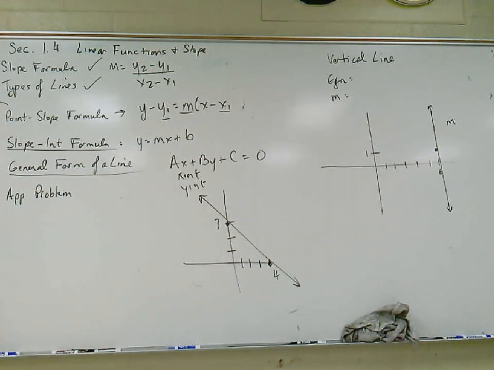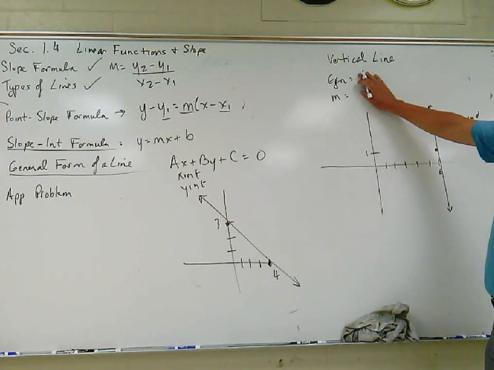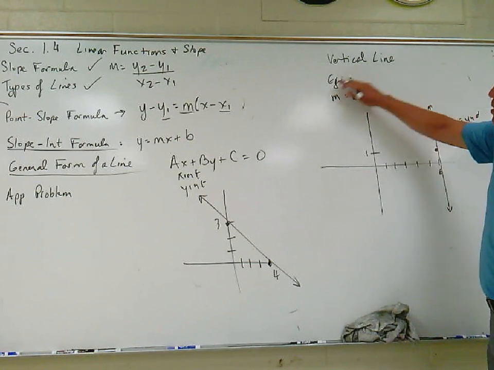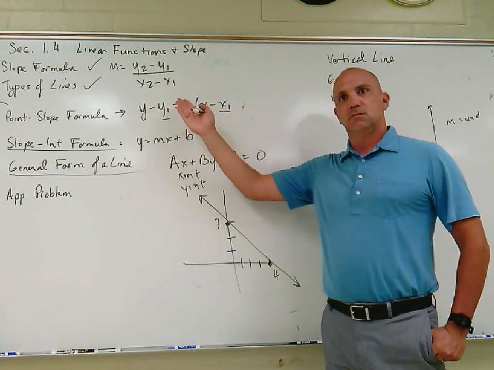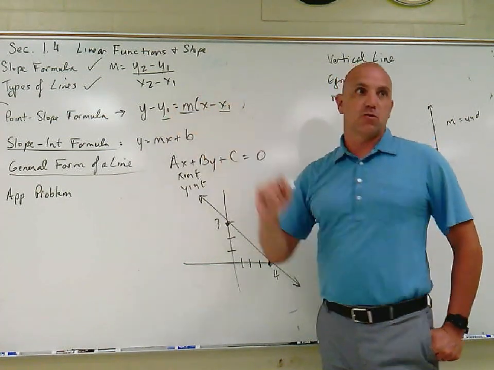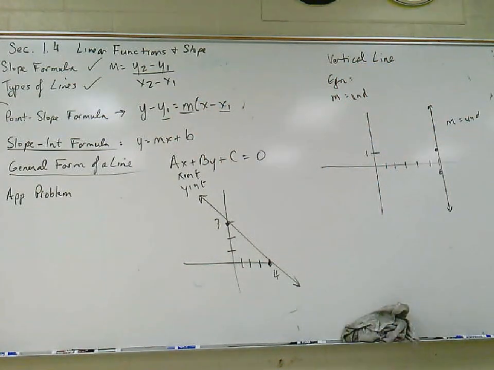Undefined. And I say I want you to find the equation. So we know slope is undefined. How do you get the equation? Don't go over here and try and do this. Well, I got a point and I know the slope is undefined. You can't plug an undefined in. Right? Because if you plug in an undefined, it just messes the whole problem up. You can't evaluate from there.